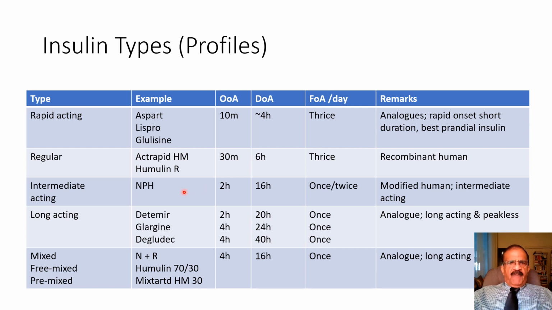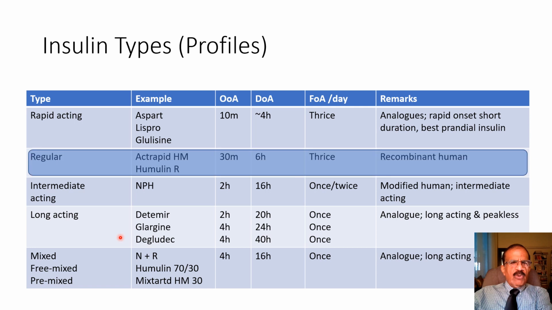Now this is the list of insulins. Now of course it's not possible to go through this table, but I'm going to help you by focusing on one component at a time. Let's first talk about the regular insulin. Regular insulin, there are two examples: regular human insulin, Actrapid and Humulin.